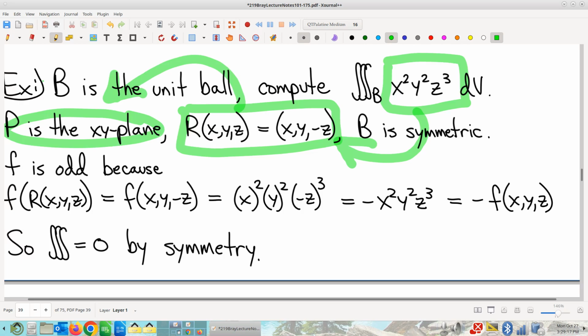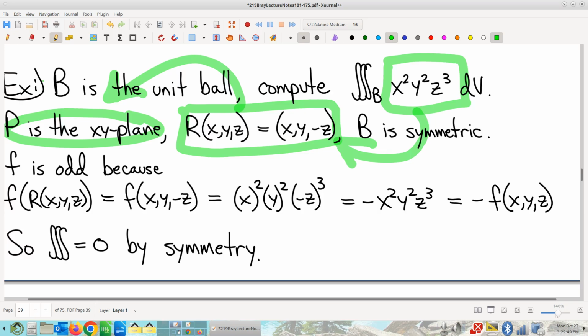So when I was writing this example, I wrote the Z cubed, and then I thought to myself, hey, I want the minus sign to be on the Z. Oh, I guess that means I need this to be the XY plane. So yes, if all the variables have even exponents, there are no reflections. Not only would we not have a symmetry argument, there couldn't be at least an odd symmetry argument, because the integrand's always positive, right?